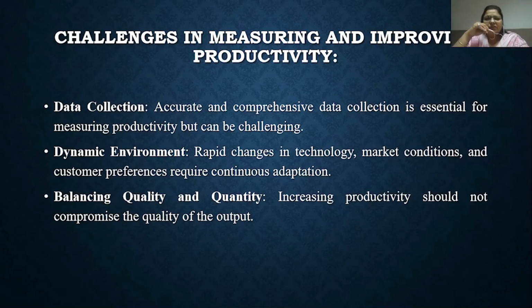These are some challenges in measuring and improving productivity. When a company is going to calculate or measure its productivity, these kinds of challenges occur. We can say they can create barriers in the measuring. Number one is data collection.